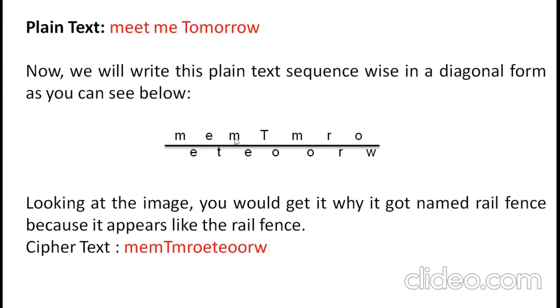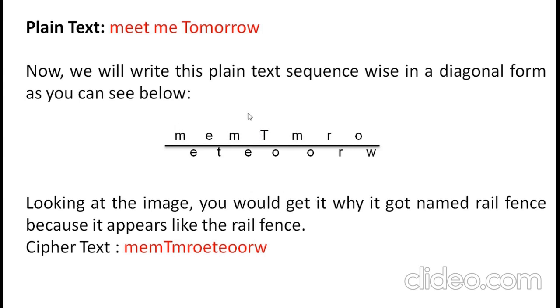Then me: M is located in the first row, and in the second row you can see E. Tomorrow: T is written here, O in the next row, again M in the first row, O in the next row, R, R, O, W. In this fashion, we divide our plain text.